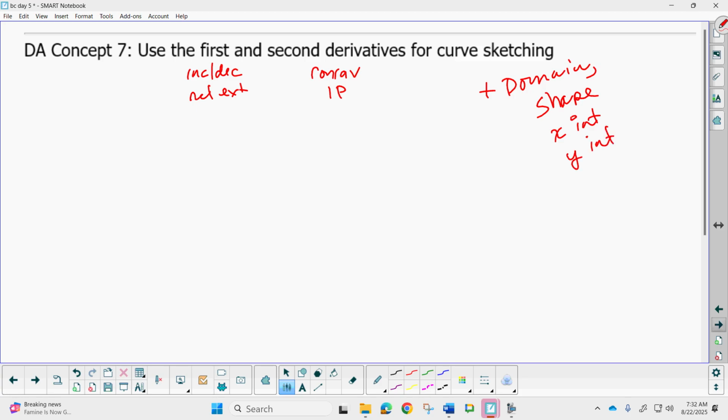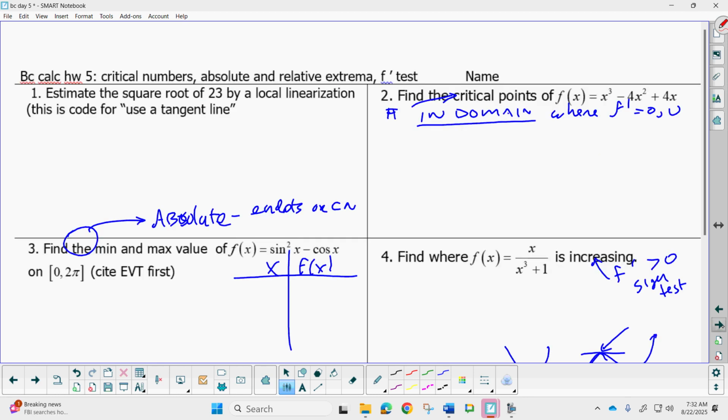This used to be a huge, like half a test back in my olden days before graphing calculators. Now it's progressed to other stuff because you have a graphing calculator. This isn't as necessary. All right, that's all I had to hit.